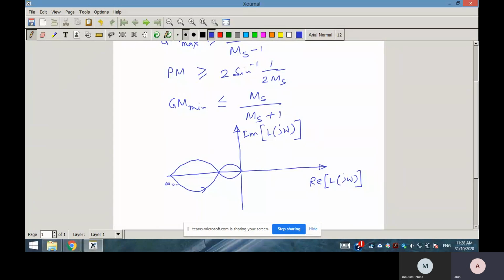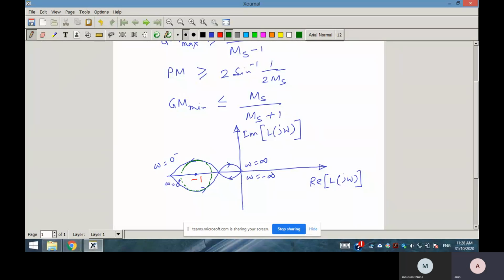This is omega equal to 0 plus, omega equal to infinity, omega equal to minus infinity, omega equal to 0 minus. So this is your minus 1 point. And this is a sensitivity circle.